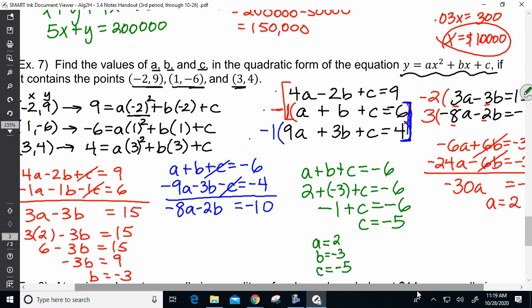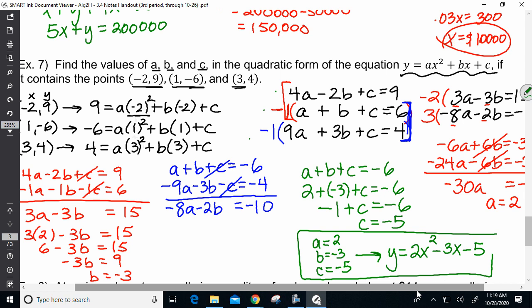Negative 5. So 2x squared minus 3x minus 5. And if that's wrong, we'll fix it again.